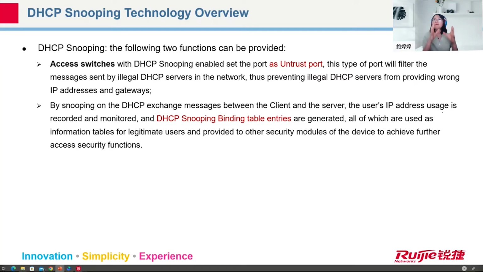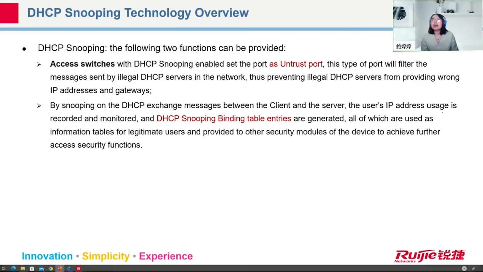And we can make one interface become trust. This interface should be connected with the correct DHCP server, and the rest of the interfaces will become untrust ports.